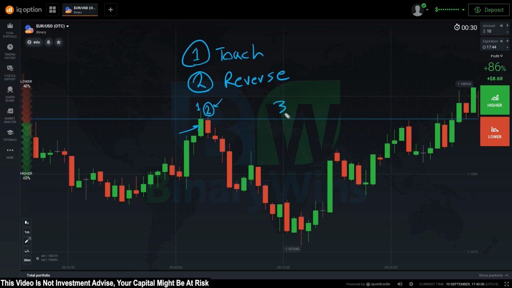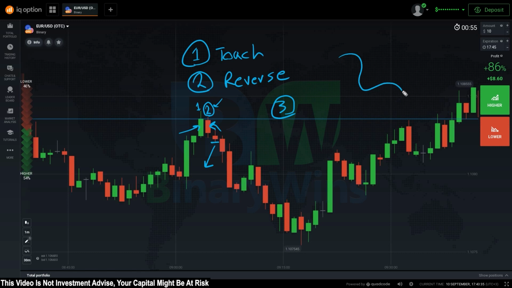But the third rule, after the formation of the second candle under the mentioned conditions, the third candle, this is our third candle. It should make a new low or new high compared to the previous candle.